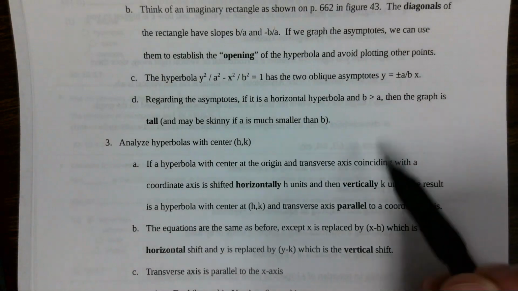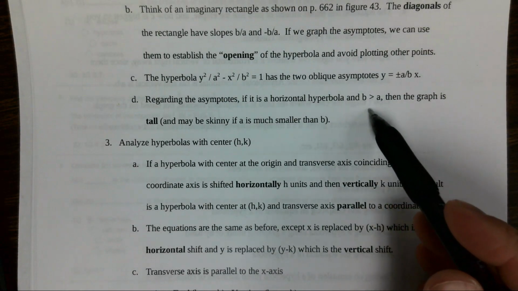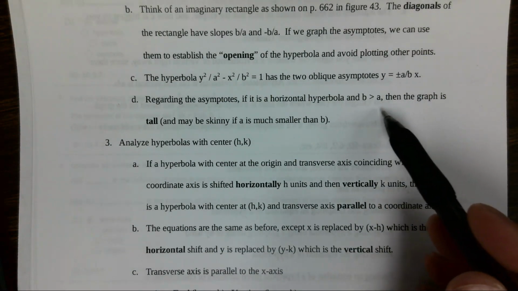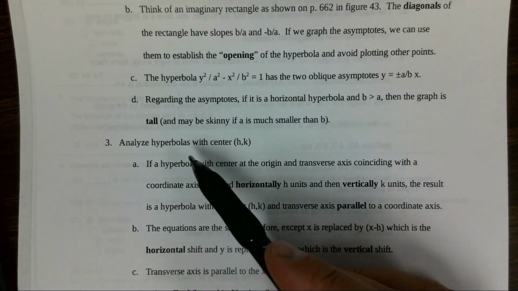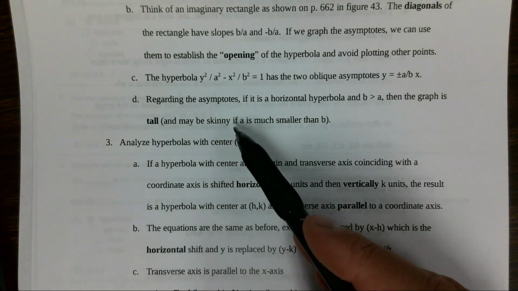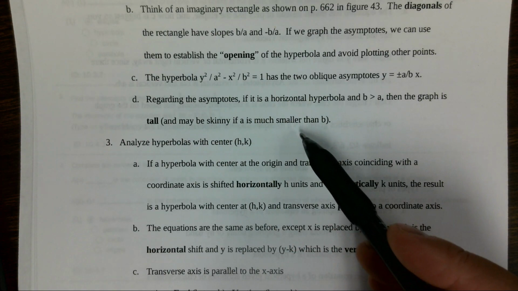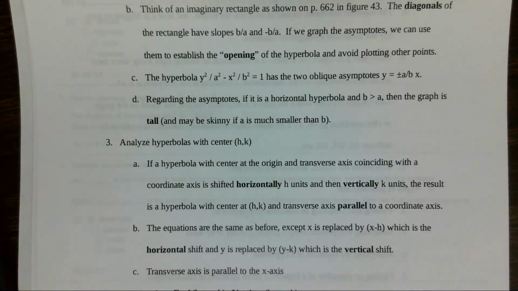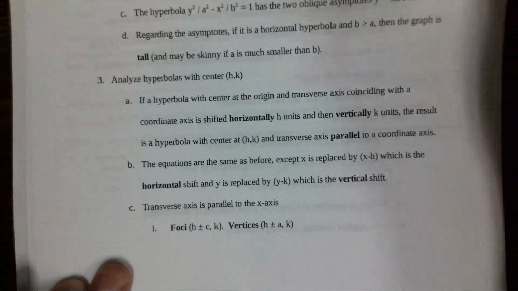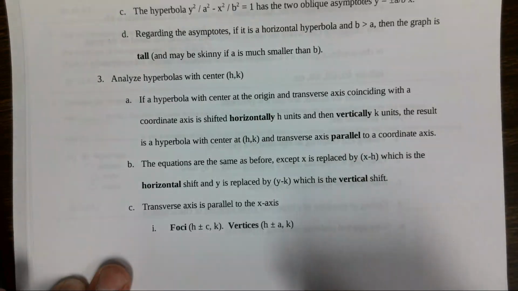Regarding the asymptotes, if it's horizontal and if b is bigger than a, the graph is tall, and it could be skinny if a is much smaller. I mean, you'll see all those as we actually do our problems. But there's all your formulas and stuff.